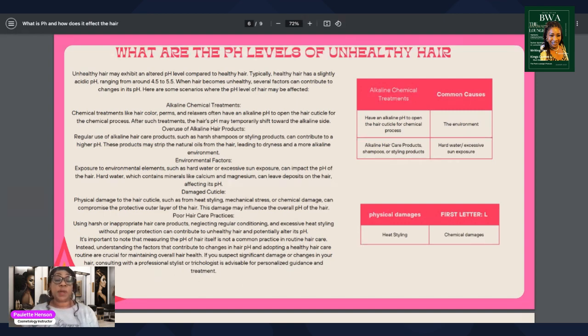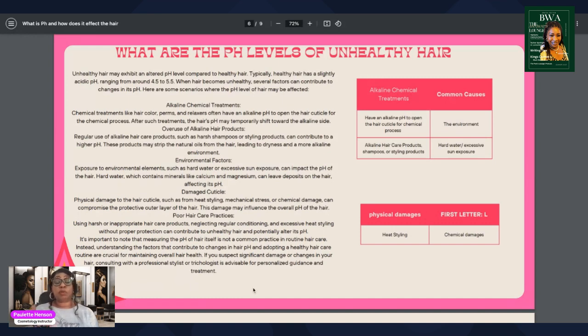So, if you suspect significant damage or changes in your hair, you want to advise your client to consult and do a pH level test. That's what you want to do. And you will be able to see that when the hair is frizzy, when it just draws up, you know that there's a problem.